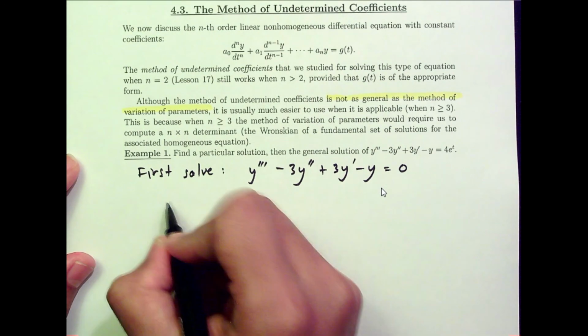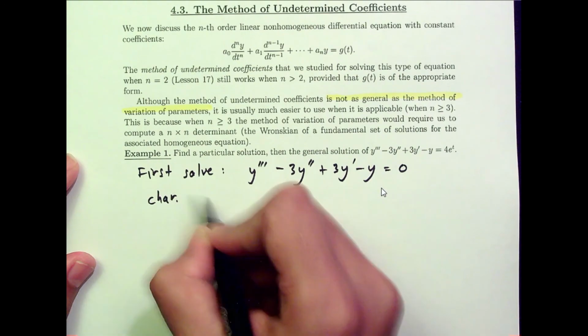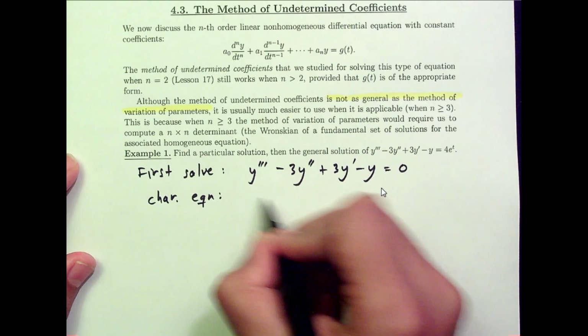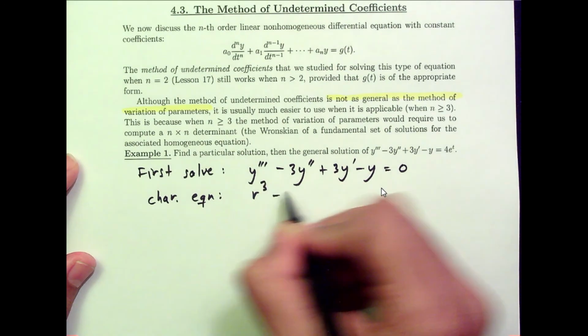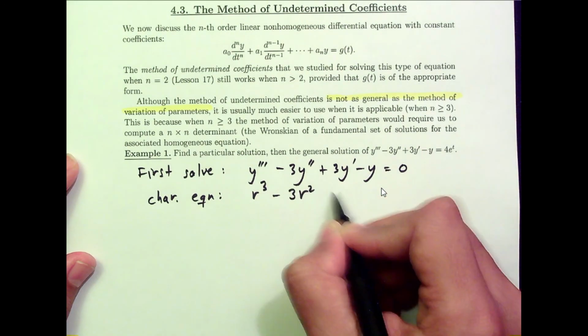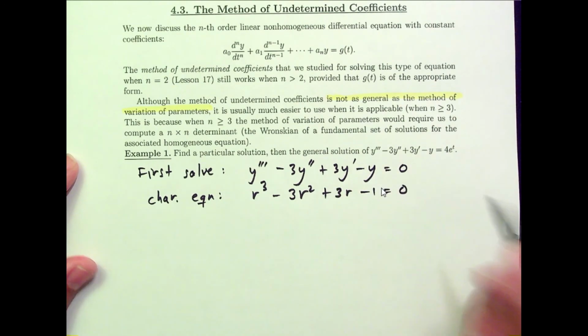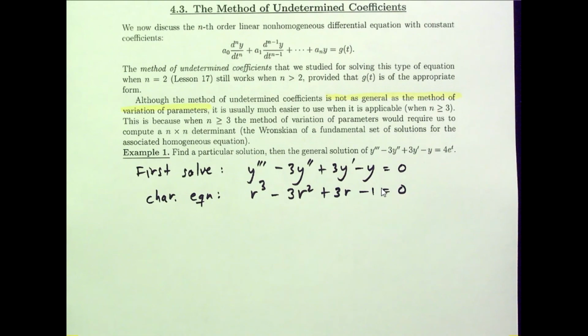To solve that, first start by writing out the characteristic equation, which in this case is r cubed minus 3r squared plus 3r minus 1 equals 0. This we can factor.